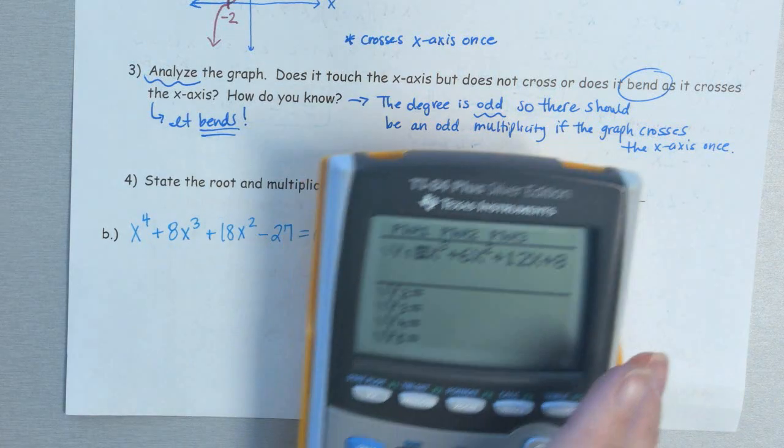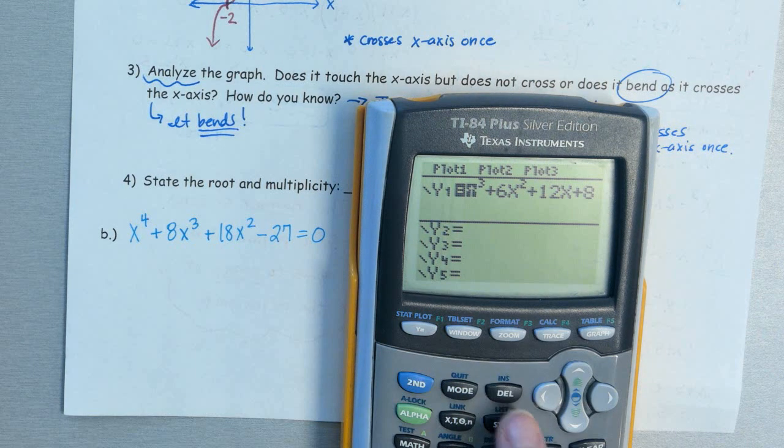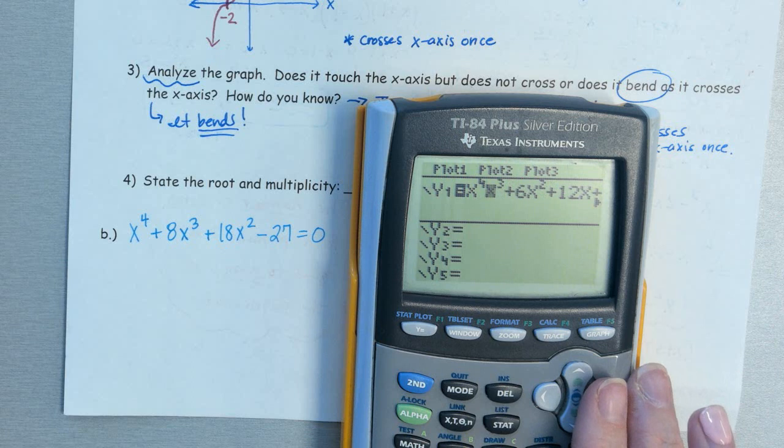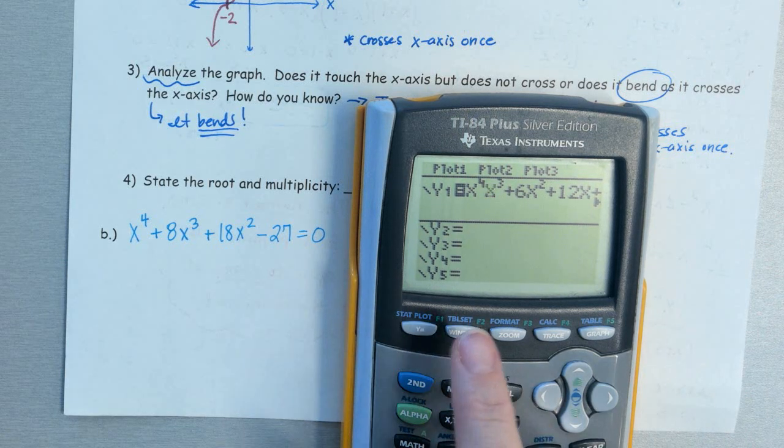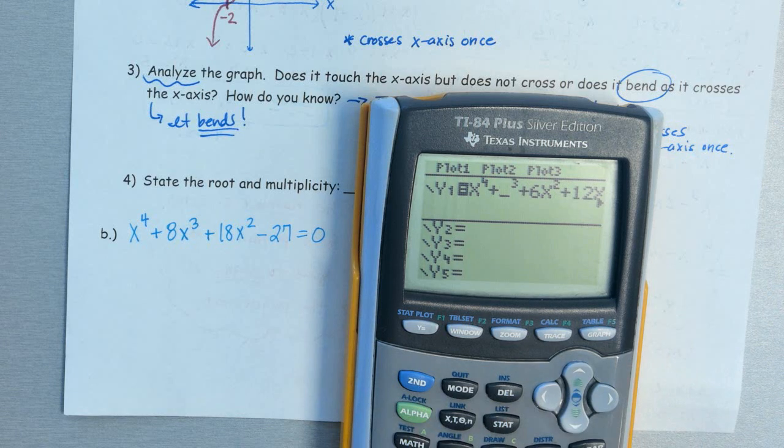Oh, I'll show you how to do something new on your calculator. If you don't want to type all that over, you can press second, INS, which means insert, and you could insert x to the 4th. I think I need to insert a plus. Or you could just start all over again too.